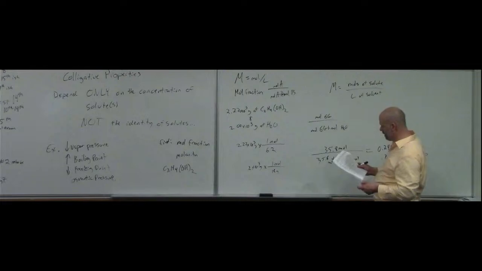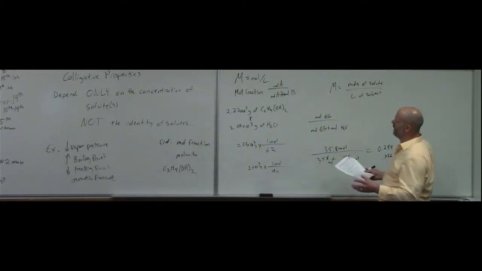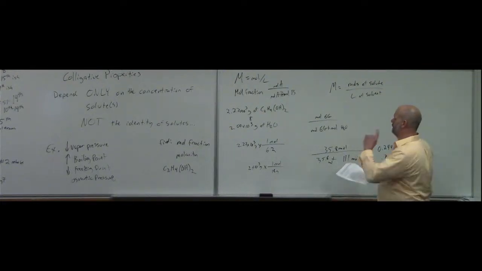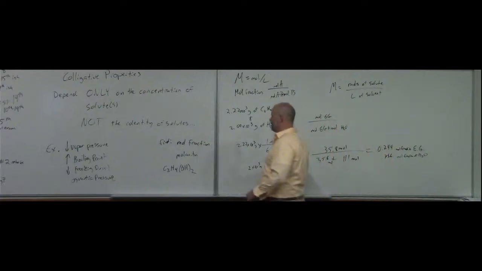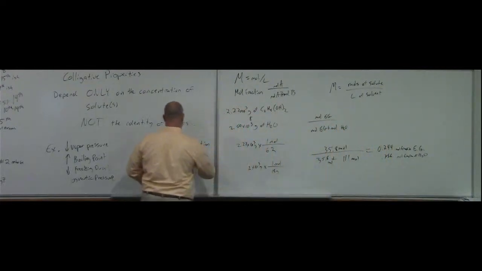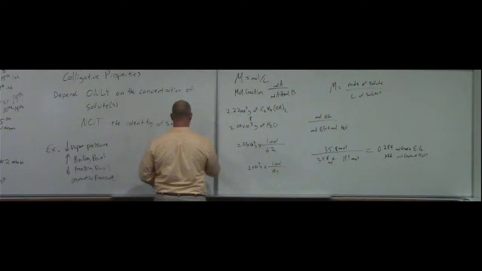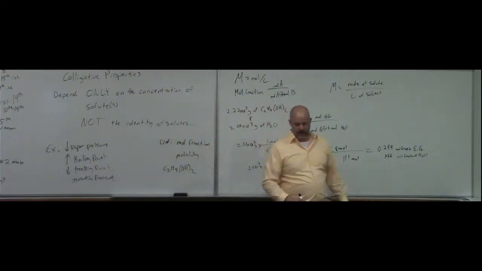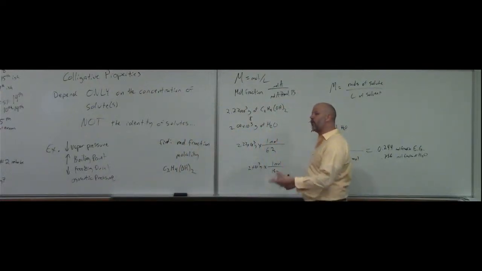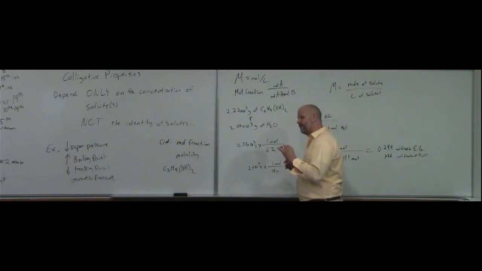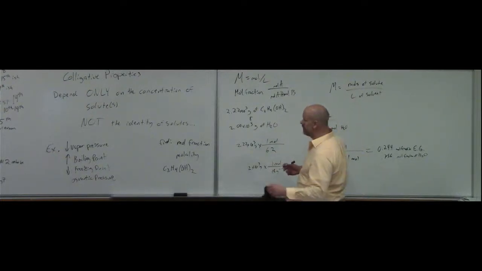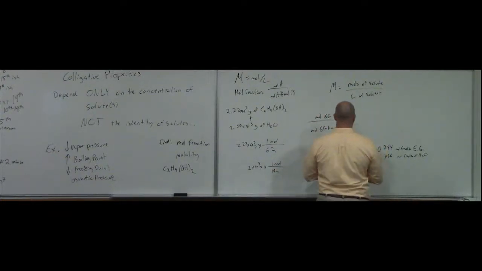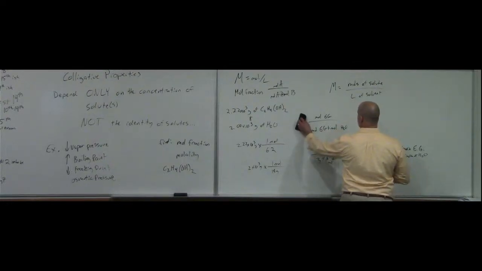The second part is I need to find my, I said molarity. This needs to be molality. You just get so used to the same thing all the time. Molality. So molality is moles of solute divided by 1 kilogram of solvent.